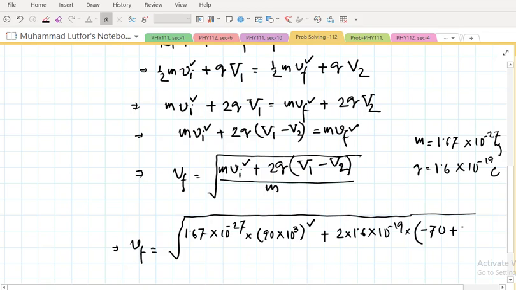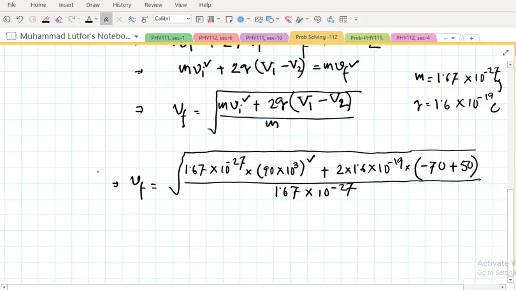That minus becomes a plus, giving 50, divided by the mass of this charged particle, 1.67 into 10 to the minus 27. If you solve this, you will find that the speed of this charged particle would be 6.53 into 10 to the 4 meter per second.